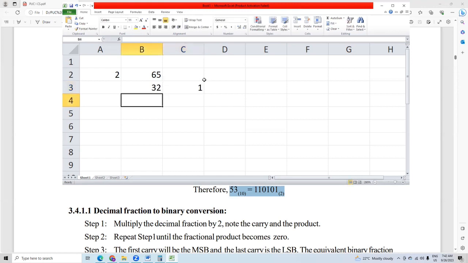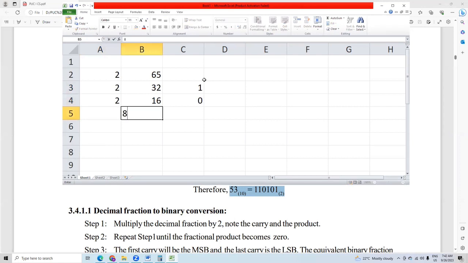Whenever you divide a number by 2, you always get the remainder only as 0 or 1. That is very important. Then 32 has to be divided by 2. 2 16s are 32. Remainder is 0.